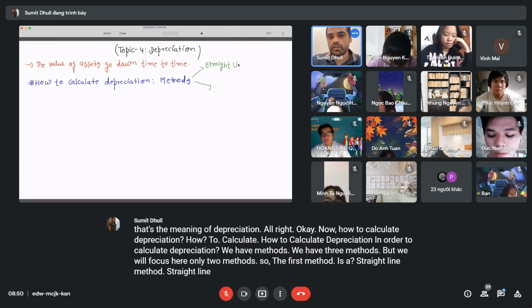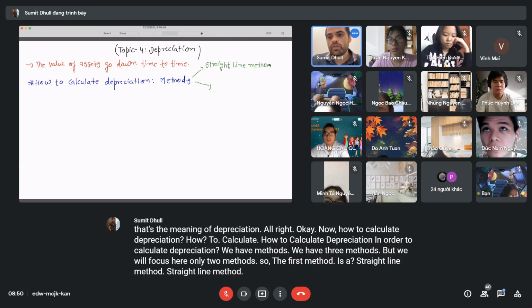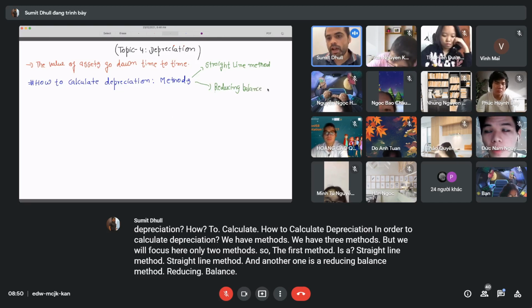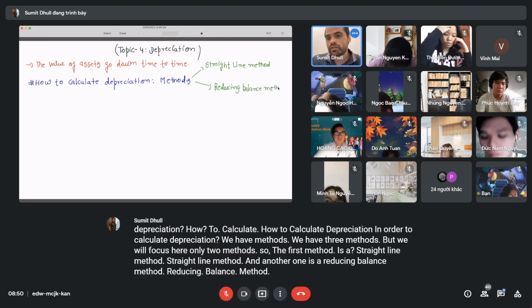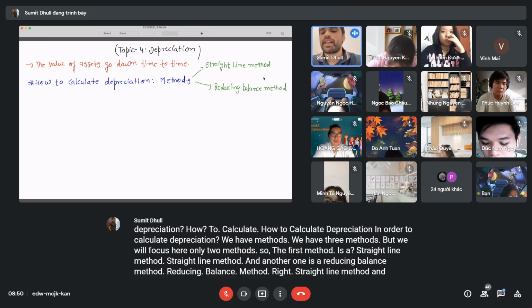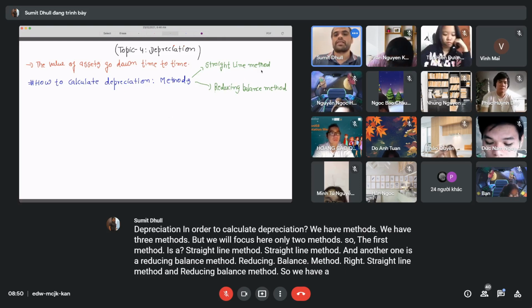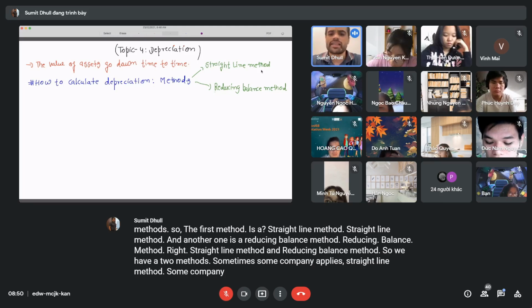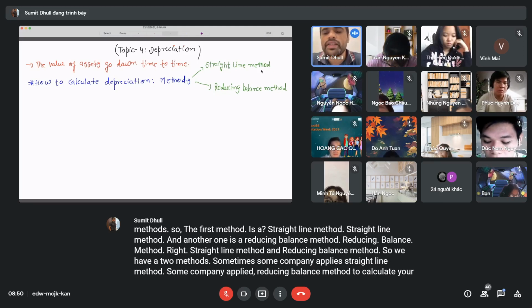And another one is the reducing balance method. Straight line method and reducing balance method. So we have 2 methods. Some companies apply the straight line method. Some companies apply the reducing balance method to calculate depreciation.